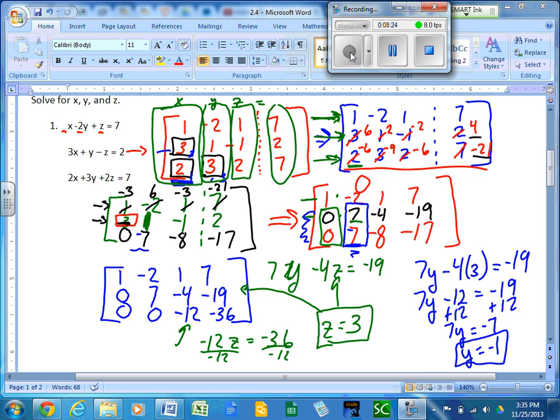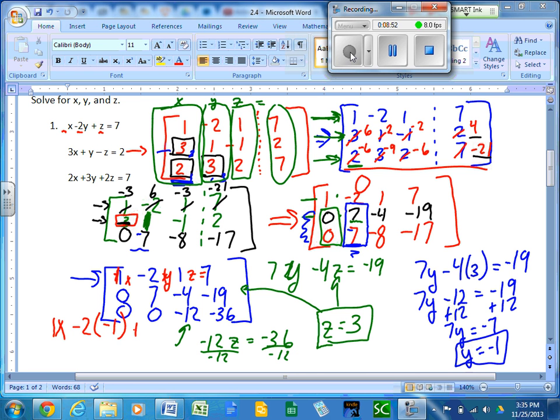I can go back up to my third equation then. If I know z and y, I can solve for x. I'm running out of room on my board, but I know I have 1x. That's what this reads. 1x minus negative 2y, 1z equals 7. So I have 1x minus 2 times y, but we know that y is negative 1.